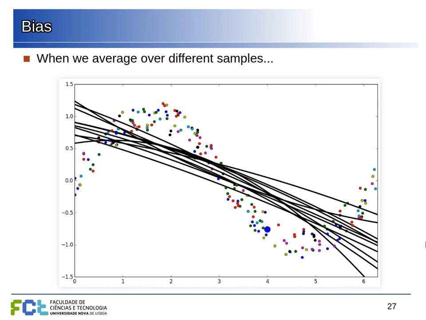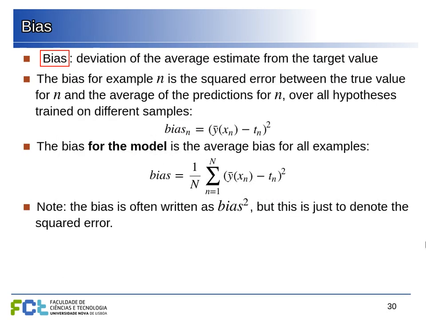It may not be over all the data set, it may not have exactly the same bias. So this is the definition of bias. It's the quadratic difference between the target value and the average of the predictions. So this average of the predictions in theory could be over an infinite number of data sets, an infinite number of samples from the universe of possible points.